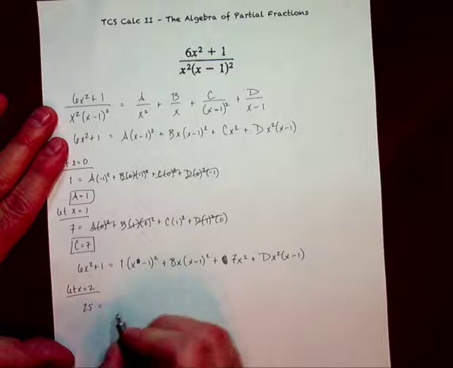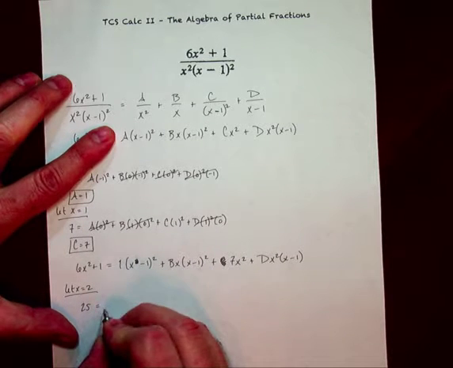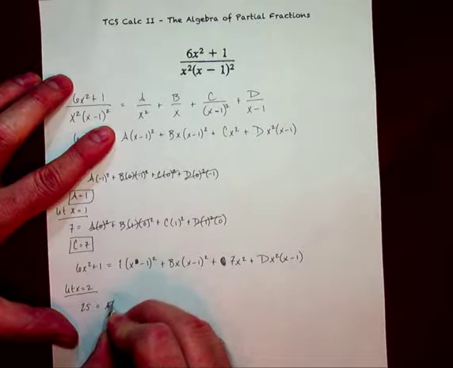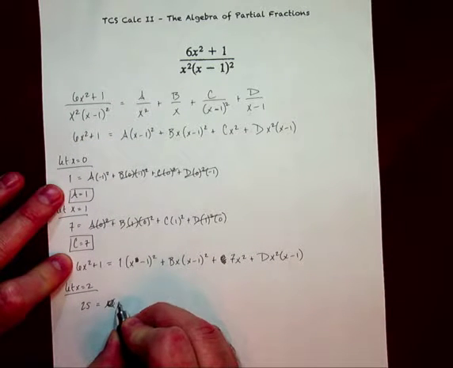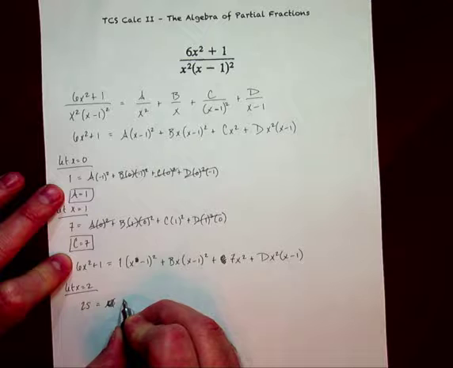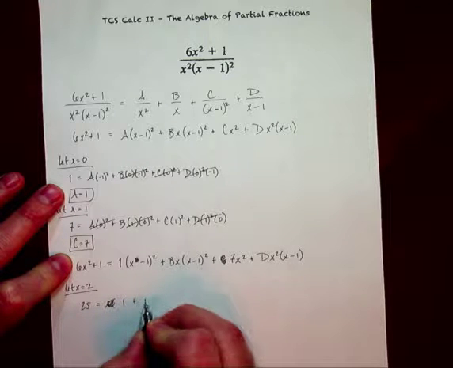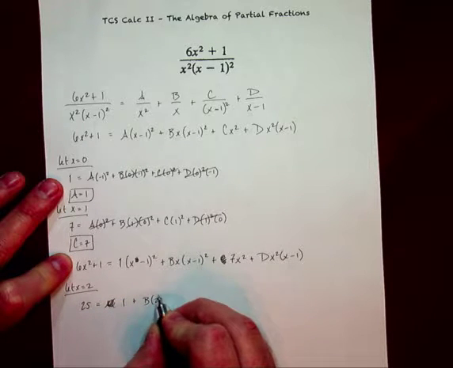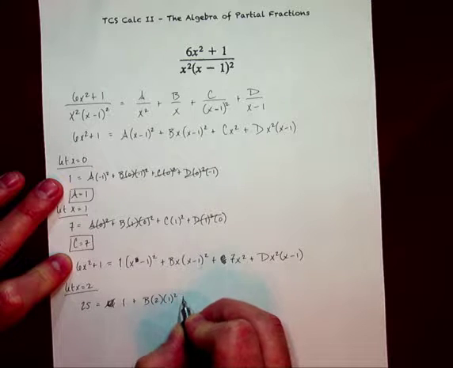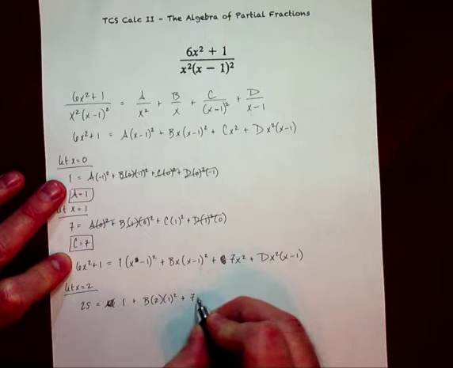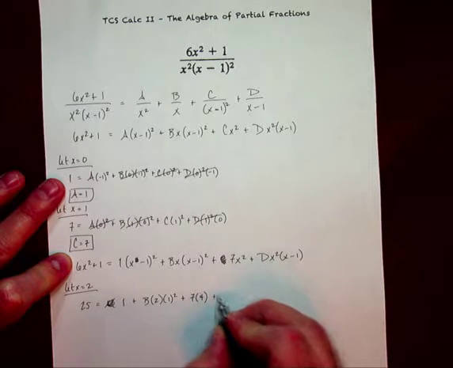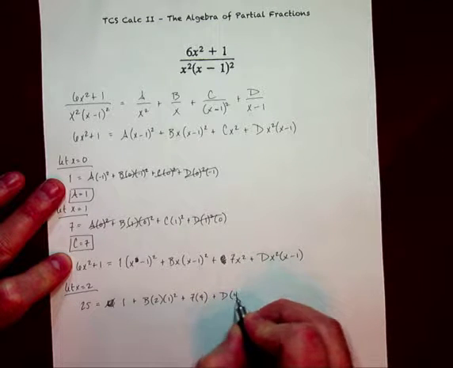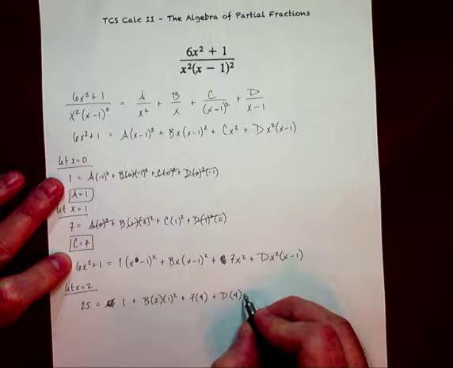And when I plug in 2 right here, a is going to be 2 minus 1, or 1 squared. B is going to be 2 minus 1 squared. 7 times 2 squared plus d times 4, which of course is 2 squared, and times 1.